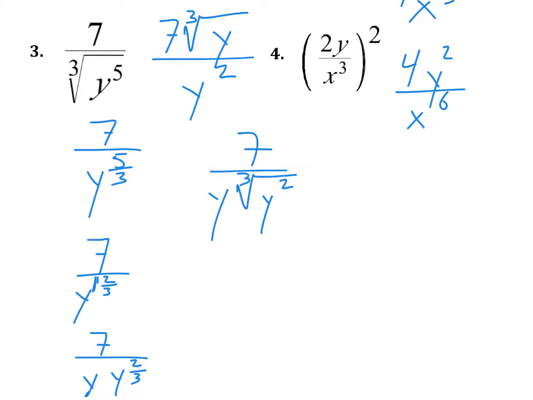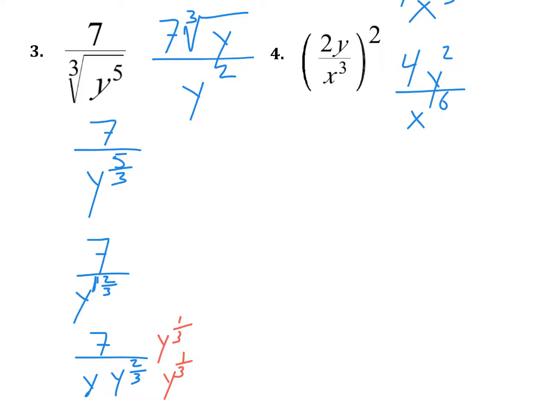Well, this is one way where putting in the radical might actually make your life a little bit harder. Let's go back and take a look at that previous step, because this is what I see most, but I want to show you how you can make your life a little easier by working from this fraction instead. From that fraction, 2/3 plus what is 1? 1/3. And so I would need to put y to the 1/3 into both the top and the bottom.